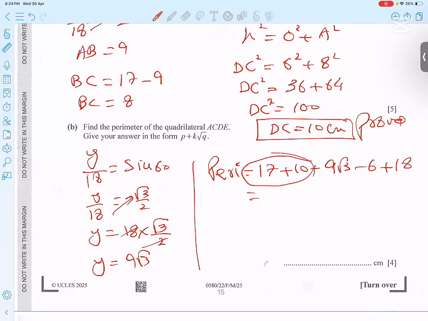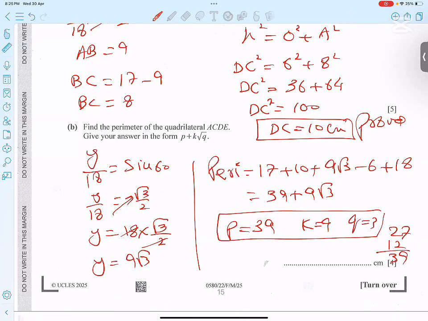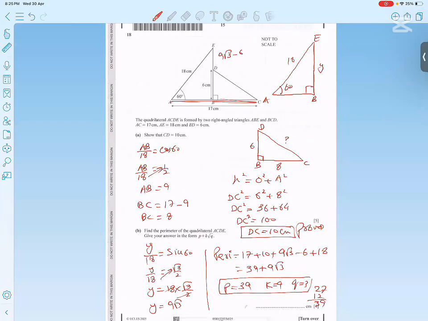So this becomes 27, and this is a 12. I got 39. So 39 plus 9 root 3, and this is exactly matching. If he asks what is the p-value, although he's not asking here, this 9 is equal to k. So k value is 9, root 3, and q value is 3. I hope the concept is very clear, and this question is completely clear.